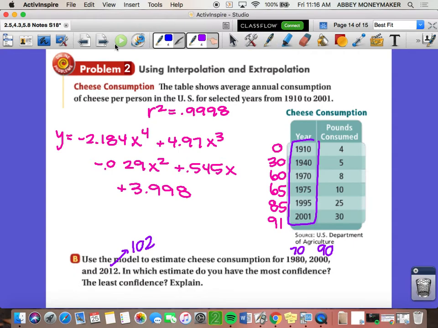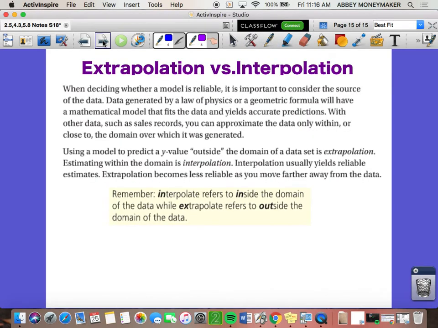Now, that introduces what we call extrapolation and interpolation. Okay? It literally means what it says. Okay? Extrapolation. That's extra. That's a number outside of your table.